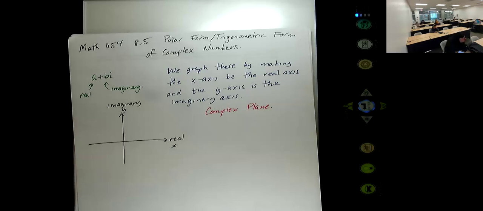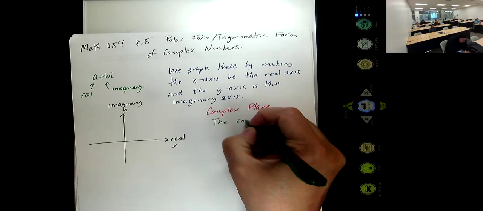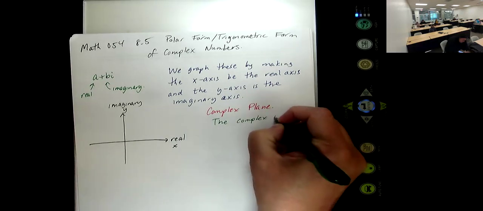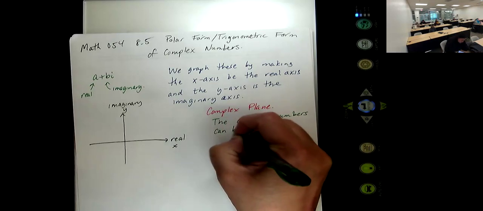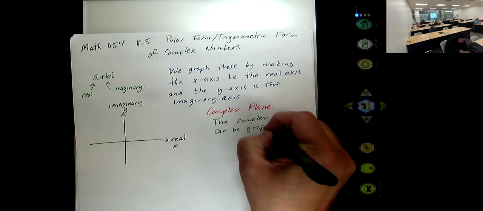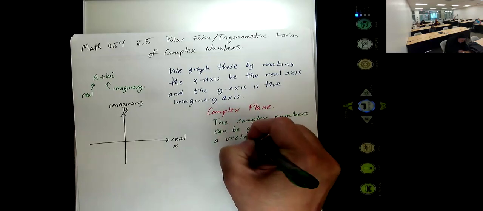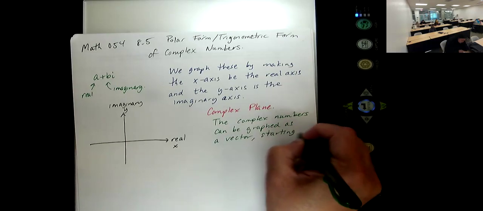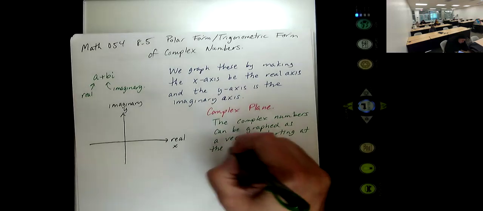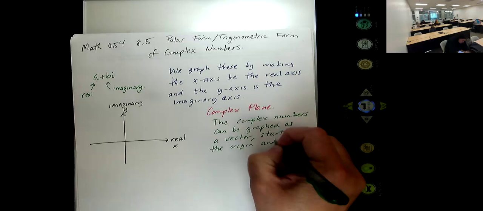And each complex number can be graphed as a vector starting at the origin and terminating at (a, b).